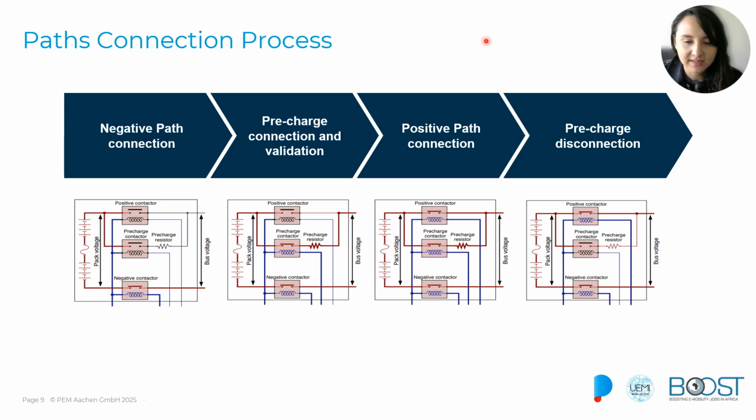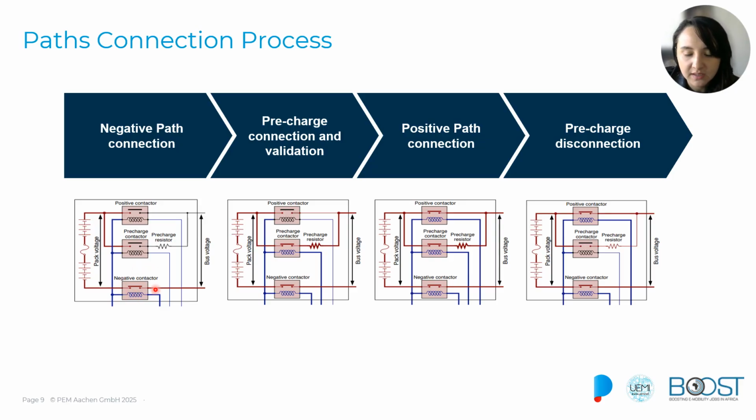I skipped one slide here and came to this one that exemplifies better what I was explaining, and this is the sequence and the process of the pre-charge connection. I will repeat it here just to be sure that we are on the same understanding. So when we want to connect the battery for the first time, the first step is to connect the negative contactor of the battery.